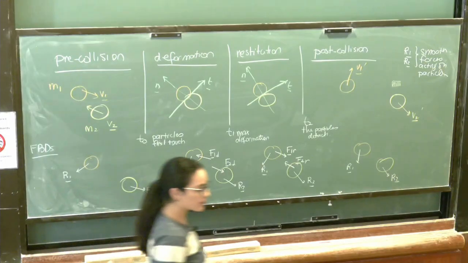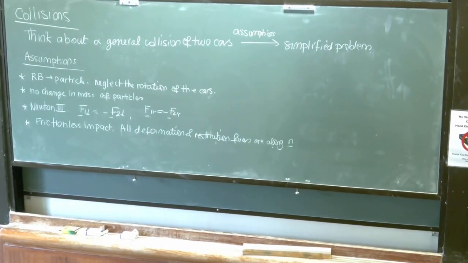All the deformation and the restitution forces are along N. Okay, does that make sense? Any questions? So there are no forces along T, the tangent to the impact.